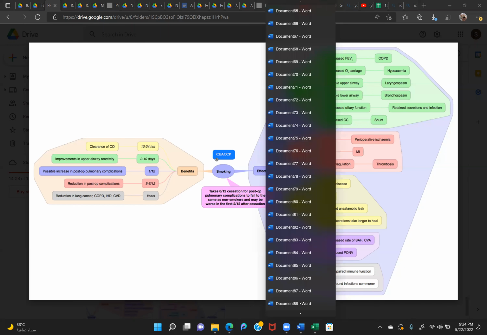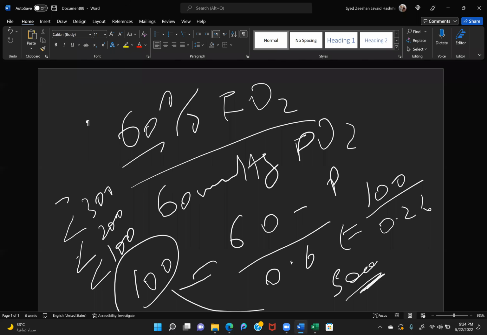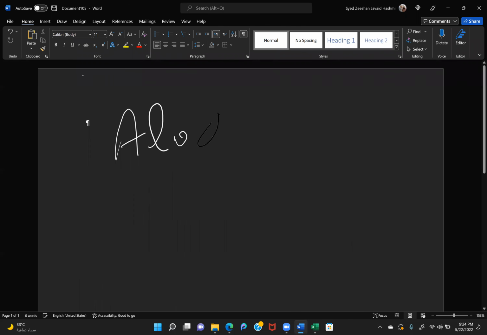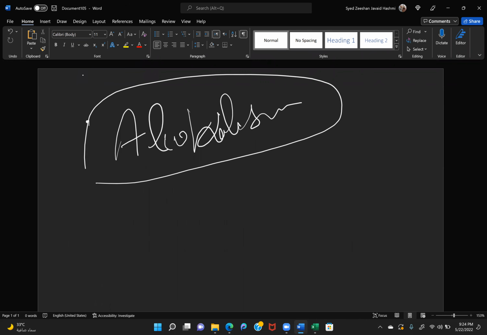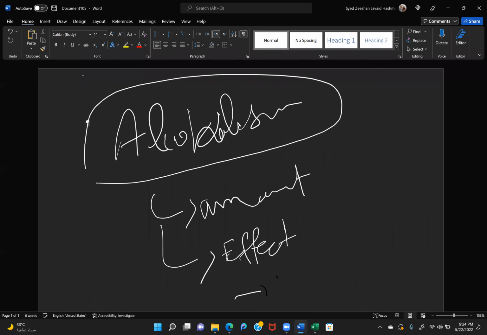What else? Similarly, in a Pakistani exam maybe it will not be asked, but in international exams, alcoholism. I cannot recall a number of things related to alcoholism, but usually it is the amount the patient is taking and the effects, because there is enzyme induction.